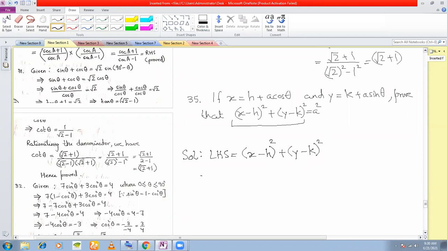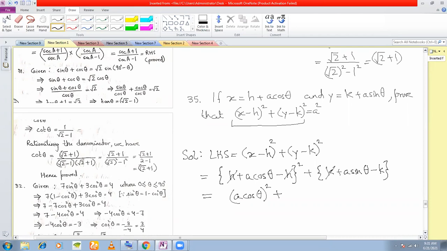Put the values of x and y. H plus a cos theta minus h whole square plus, here you have k plus a sin theta minus k. So plus h and minus h will cancel. You're only left with a cos theta whole square.